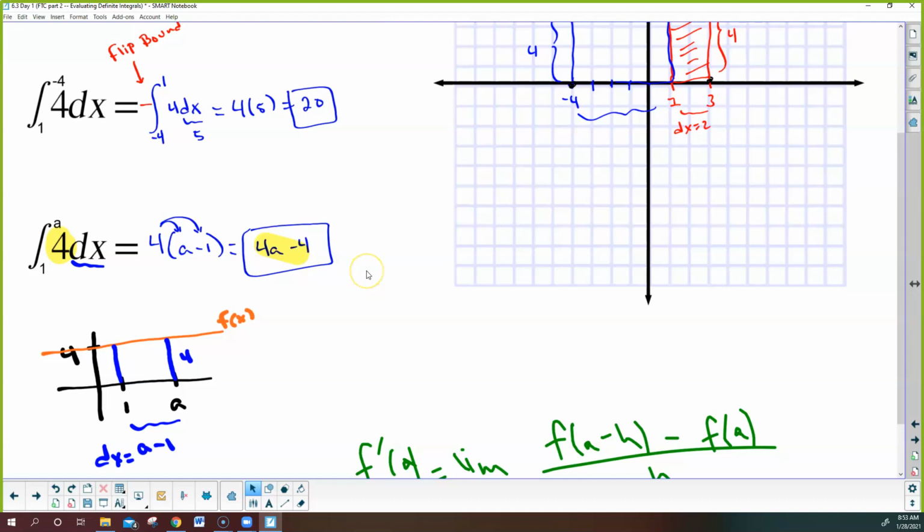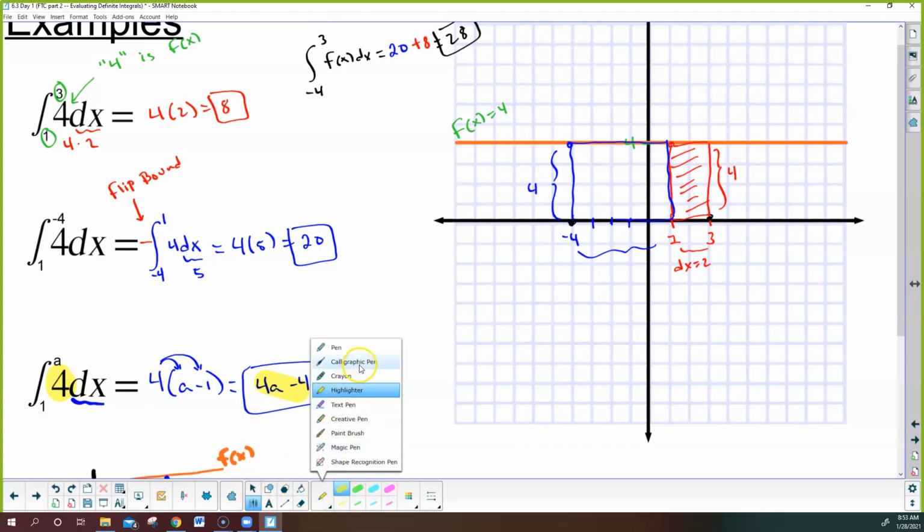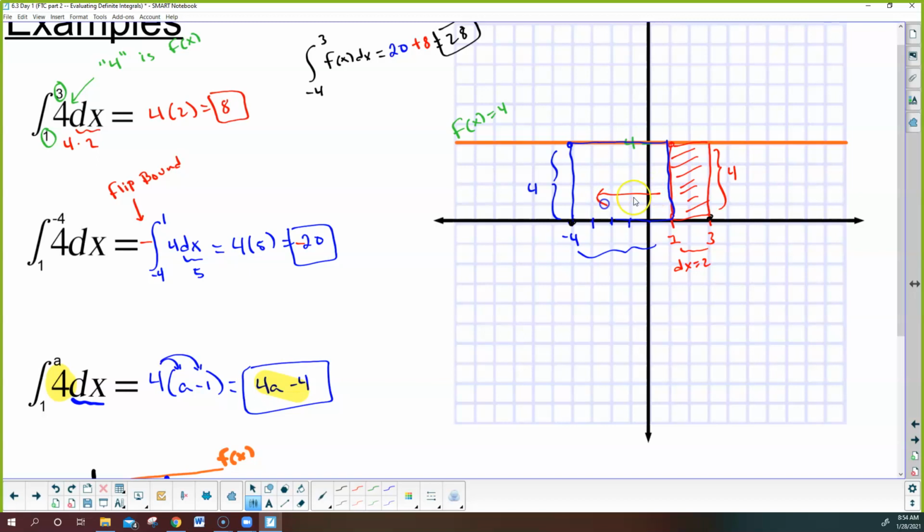Okay. Oh, Jonathan, thank you for that. I missed one small thing, which ends up being a big thing. Notice how I had to flip the bounds? This should be negative, because I went the opposite direction. Because these bounds were originally flipped, this is negative, which means I was calculating this area from right to left.